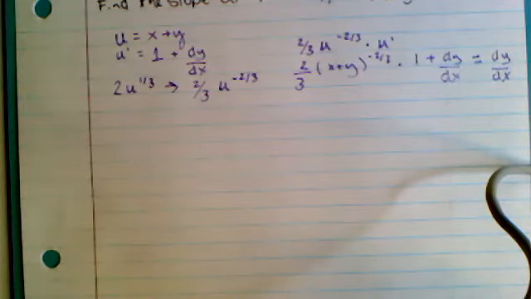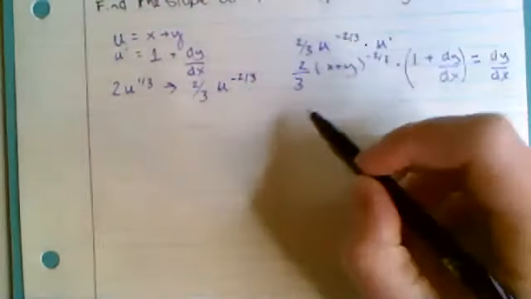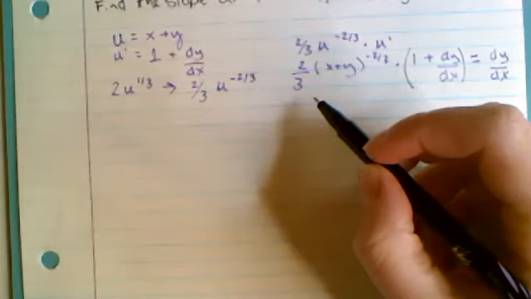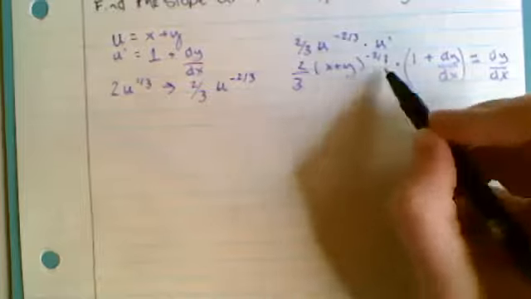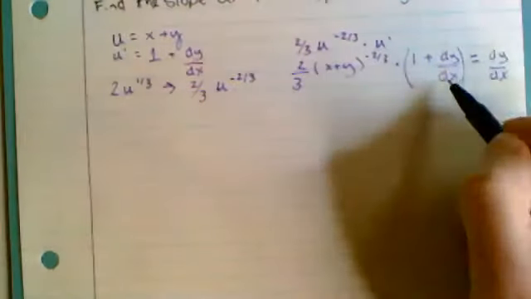Just like we were doing before, we're going to have to distribute, because this whole thing was my u prime. So we're going to distribute the 2/3 x plus y to the negative 2/3 to the 1 and to the dy dx.